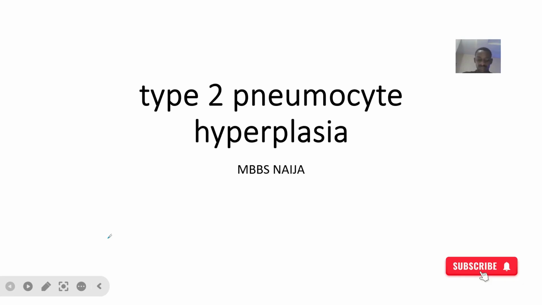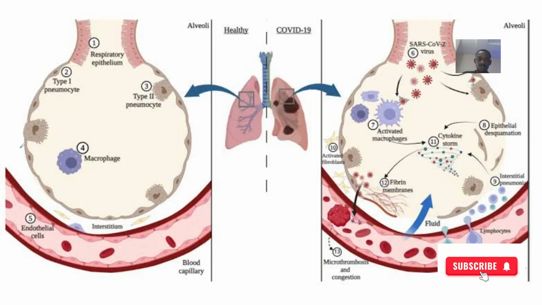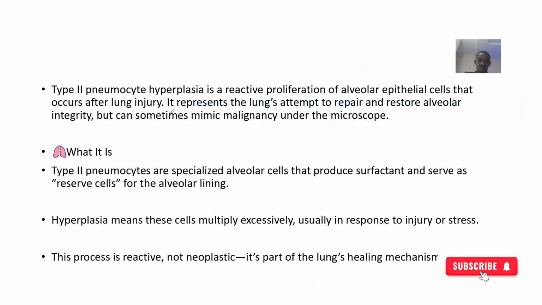For type 2 pneumocyte hyperplasia, we have the type 1 pneumocyte, we also have the type 2 pneumocyte. When you say something is hyperplasia, it's actually getting large.